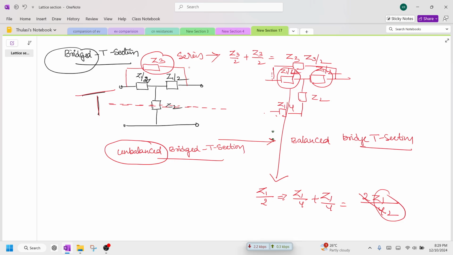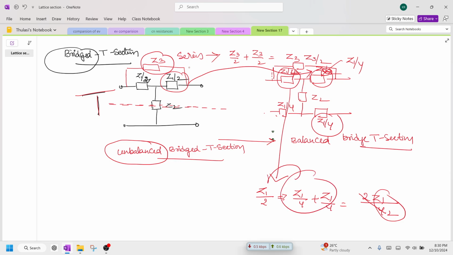This impedance is Z1 by 4, and this impedance is also Z1 by 4, which together equal Z1 by 2.